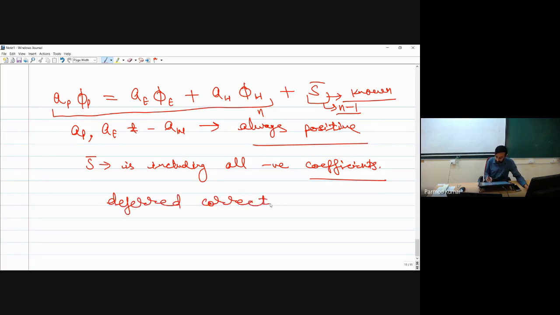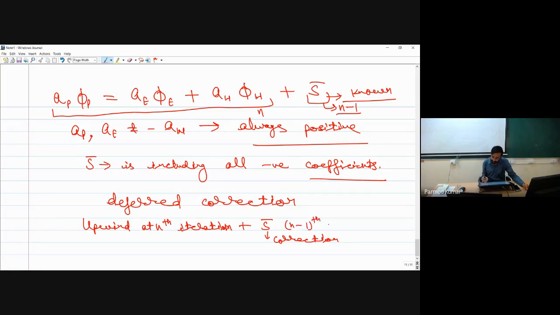So the meaning of this is we are considering upwind at the nth iteration, and whatever additional term is coming because of the QUICK scheme, that S bar is the correction term. That particular correction we are taking from the n minus 1th iteration, so the correction we are taking from the previous iteration.